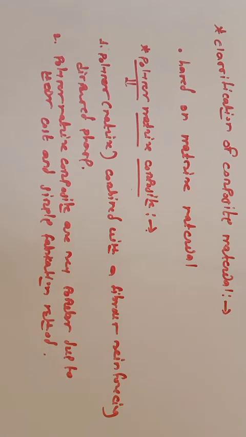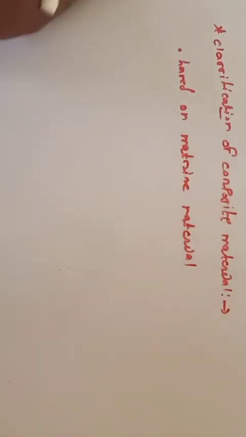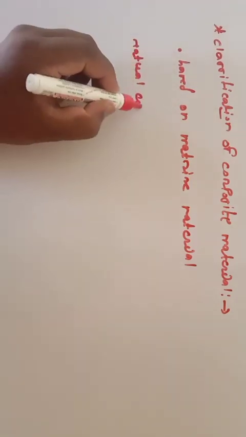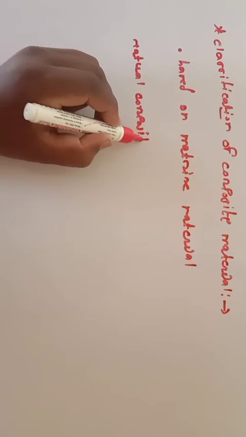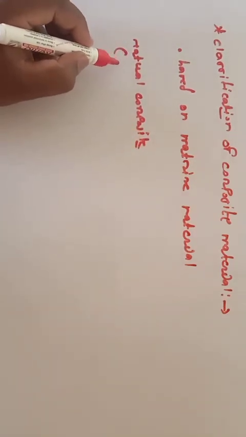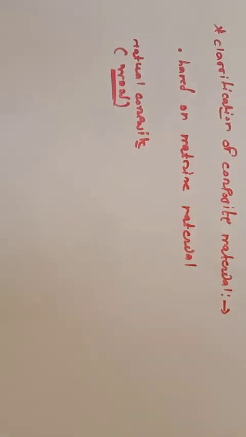If you consider examples, for natural polymer composite, it is your wood. So this is your natural polymer composite, that is wood, a composite with long fibers of cellulose.